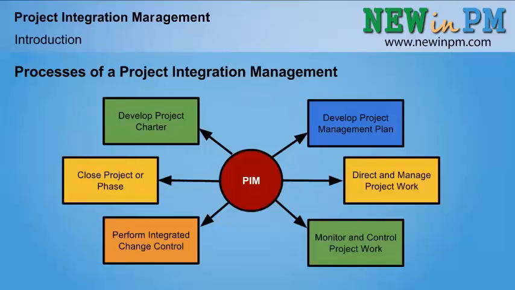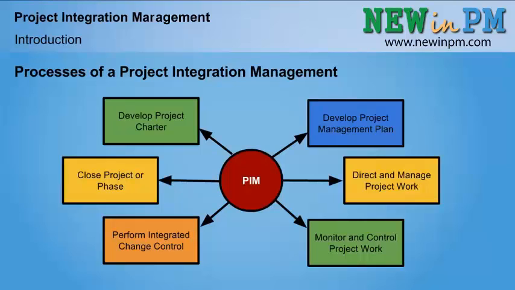The processes of project integration management. As we just discussed, project integration management flows throughout the entire project management process groups. So what exactly are the processes involved in project integration management? The first one, develop project charter. Second one, develop project management plan.